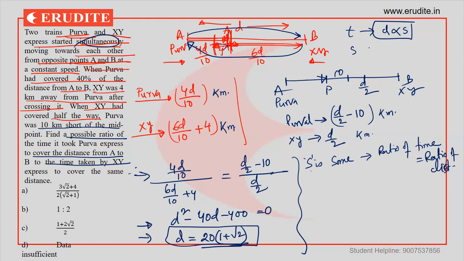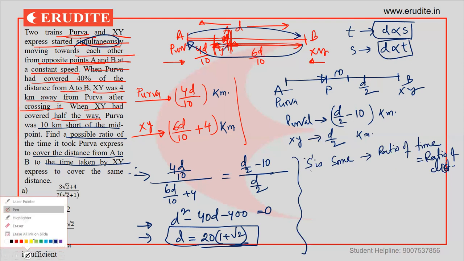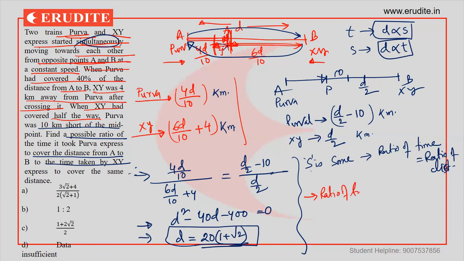If the speed is the same, then distance and time are in direct proportion. Therefore, ratio of time will be equal to ratio of speed, right? So what is the ratio of time? Equal to ratio of speed.